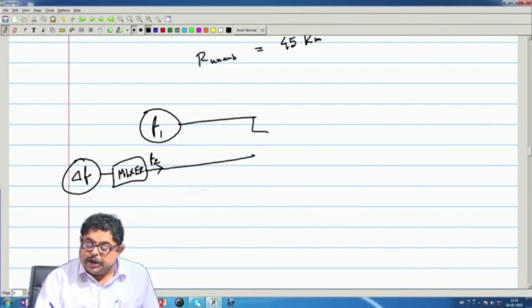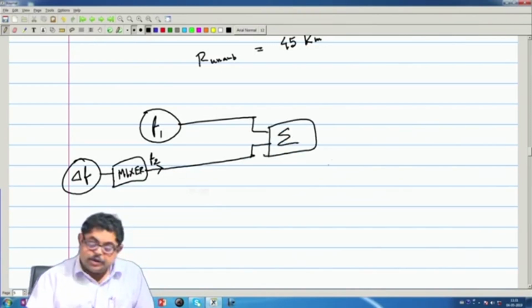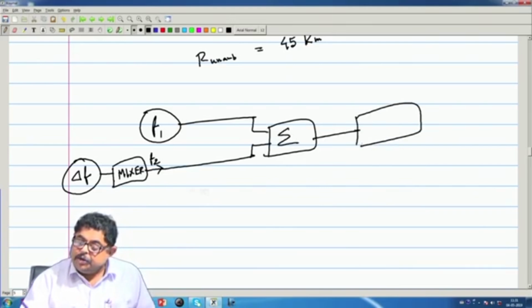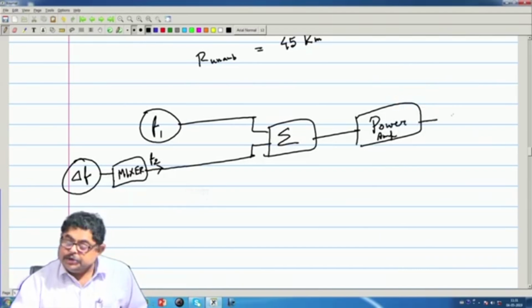Both of these are put to a summer, and then there is a power amplifier, and then it is transmitted to the antenna.